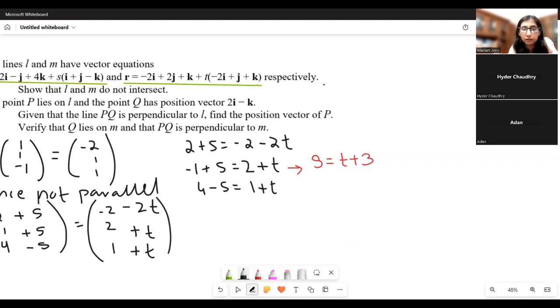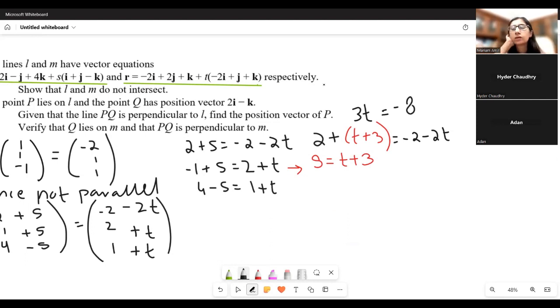I'm going to substitute it in the upper equation. 2 plus t plus 3 equals minus 2t. Find the value of t from here. So we have 3t equals minus 8.